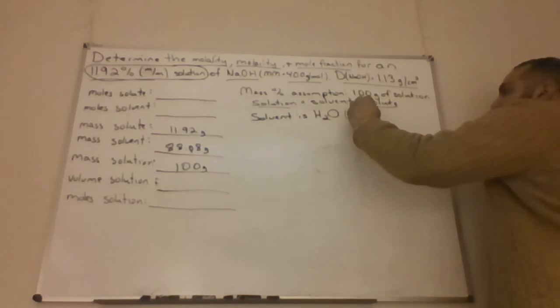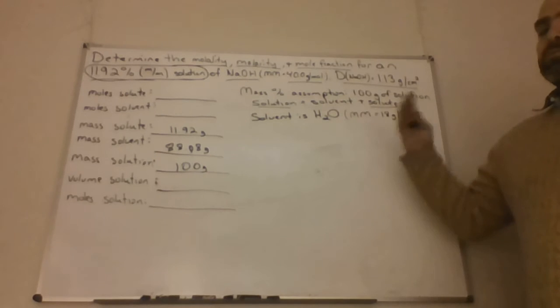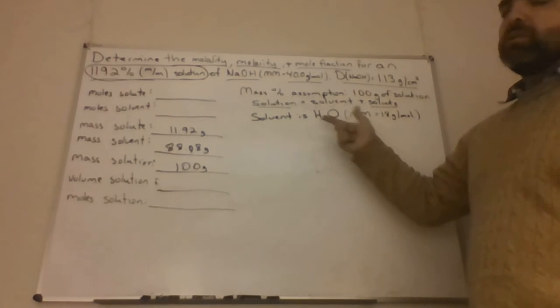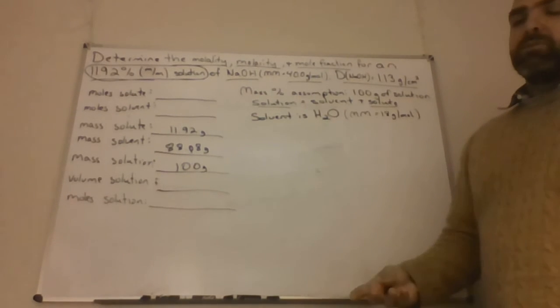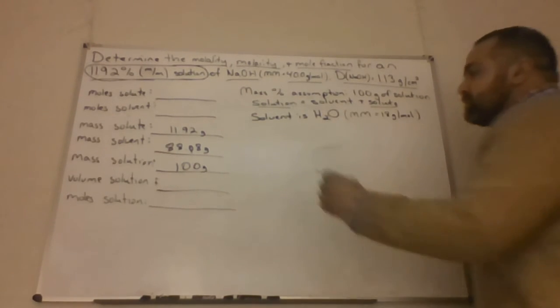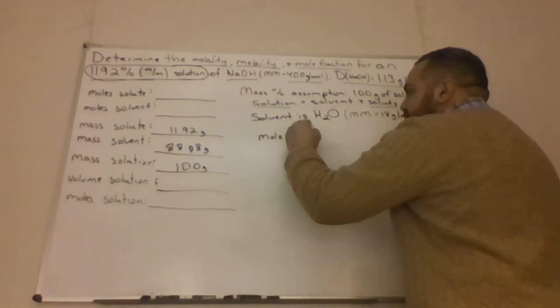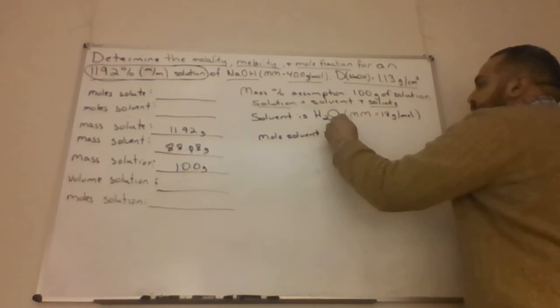Water has a molar mass, 18 grams per mole. So most of the time you're dealing with water. If it's something other than water, it will tell you in the problem. But here, since we're dealing with sodium hydroxide solution, we know that the solvent is water. So to find the moles of solvent, it's mass divided by molar mass.